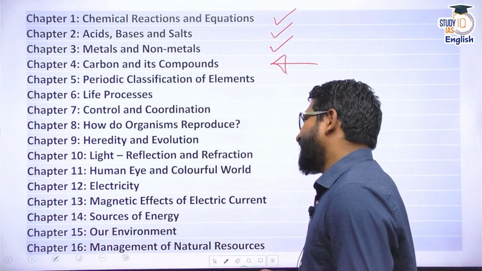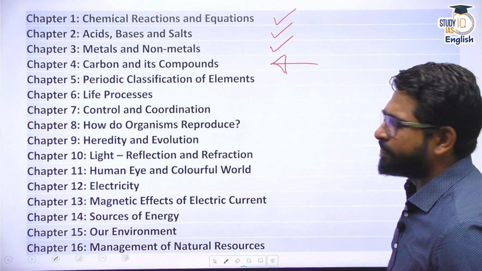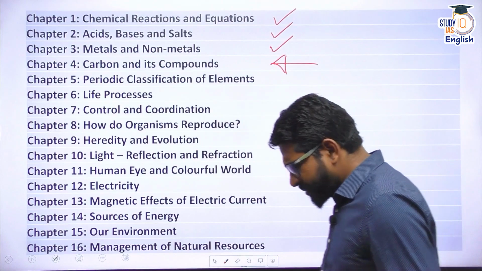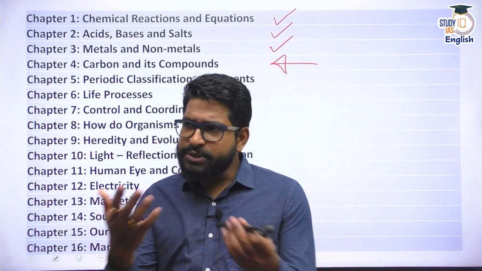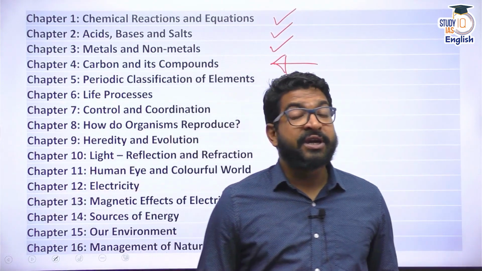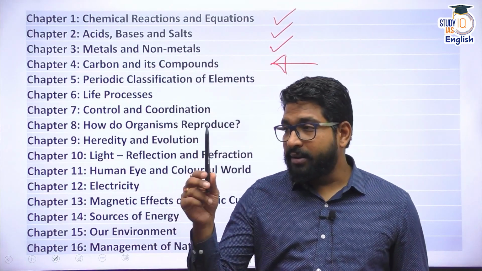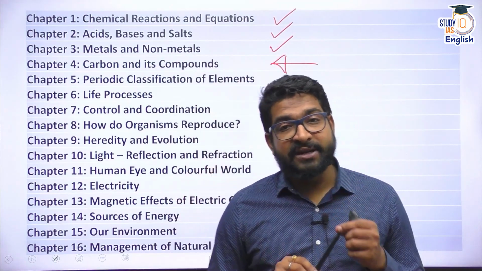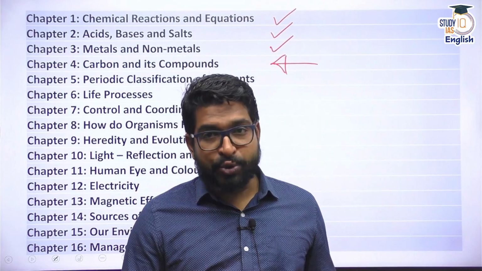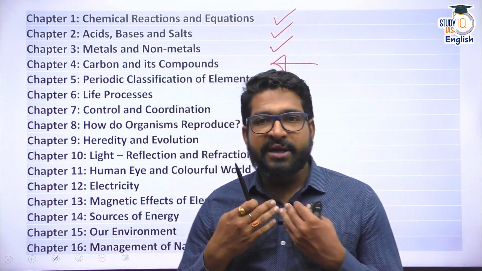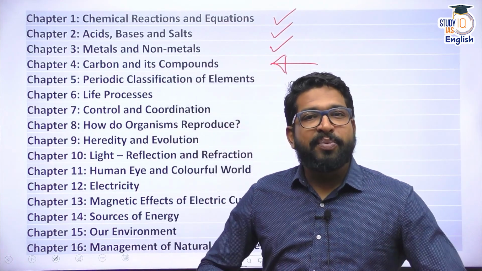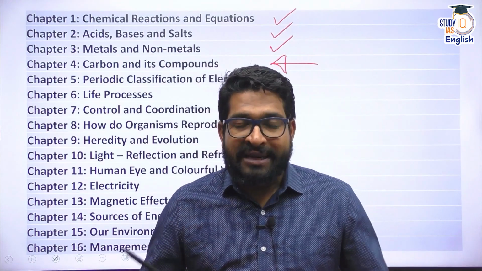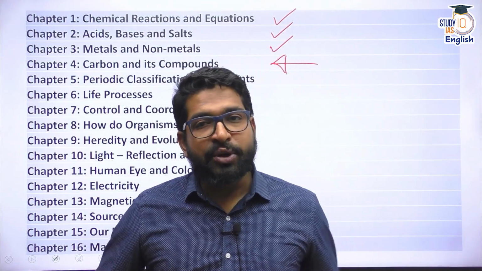All right. Let's move into chapter 4, carbon and its compounds. Now here we are going to discuss about carbon. Carbon is omnipresent. Carbon is present in different forms. A child writing with a pencil has graphite in it. It is made up of carbon, or it is composed of carbon. A woman wearing a diamond, the diamond is nothing but pressurized carbon. Living organisms have carbon or its compounds.